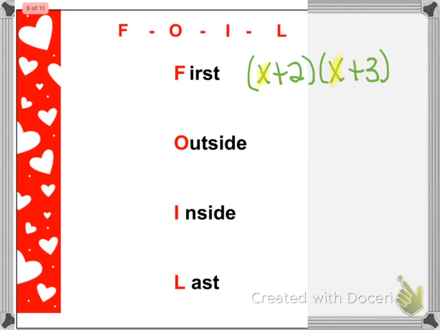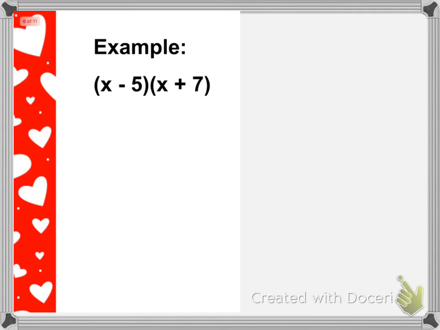So the outside terms are x and 3. You can take the inside terms and multiply them, which in this case would be 2 and x. And then you can take the last terms and multiply them, which is going to be 2 and 3. So first, outside, inside, last. First two terms, outside terms, inside terms, last terms. Just double distribute. Make sure every term gets multiplied by every other term.